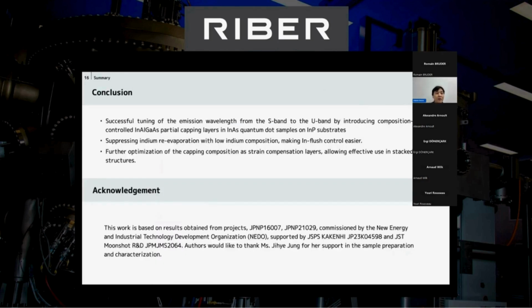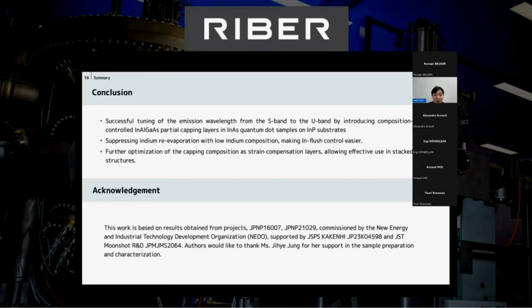Okay, to conclude this case, we successfully tuned the emission wavelength from the S-band to U-band using composition control, the indium arsenide, indium aluminum gallium arsenide partial capping, and indium arsenide quantum dot samples on indium phosphide substrate.